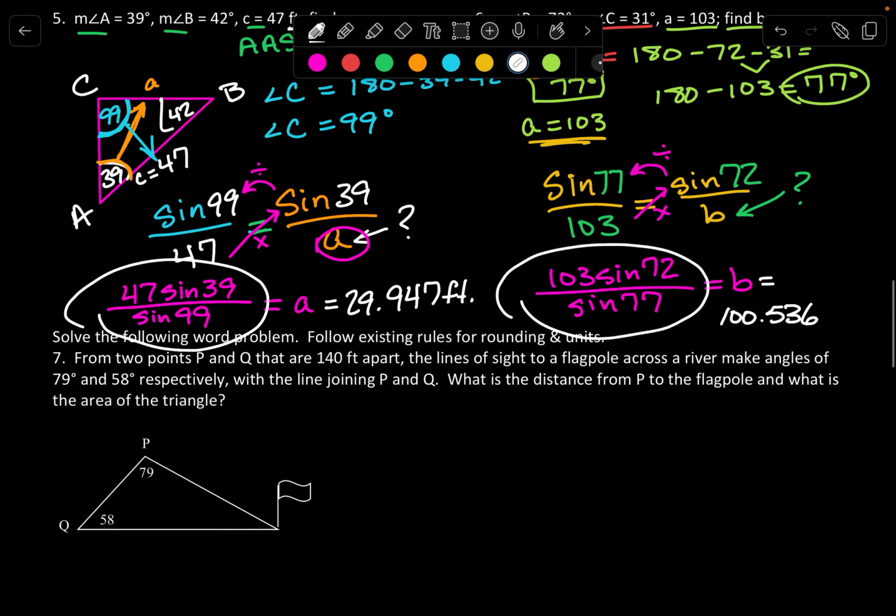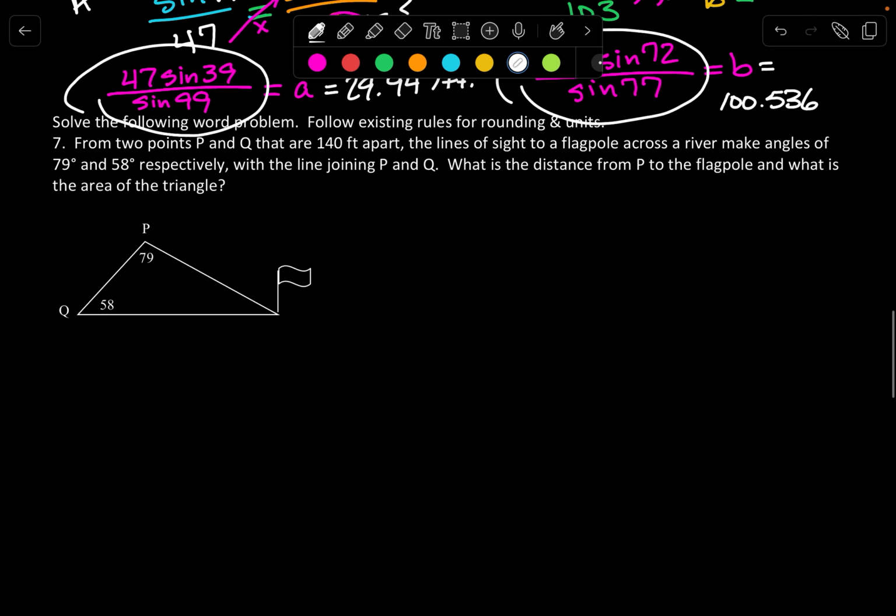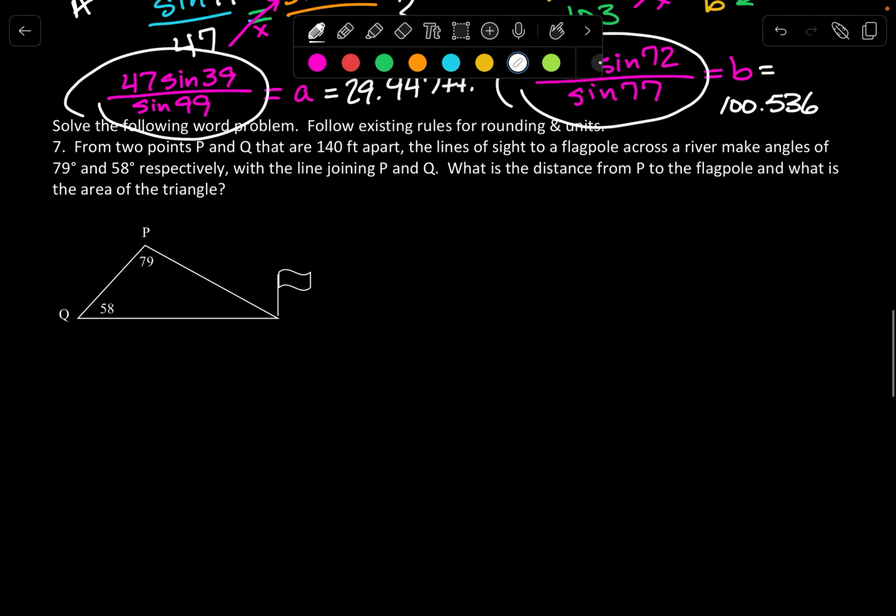Now, the last question, word problem. It says solve the following word problem following the existing rules for rounding and for units. It says from 2 points, P and Q, that are 140 feet apart. So that immediately tells me that this distance is 140 feet.